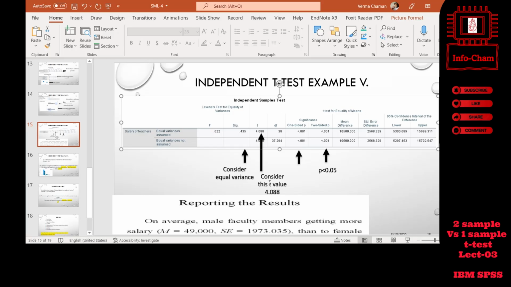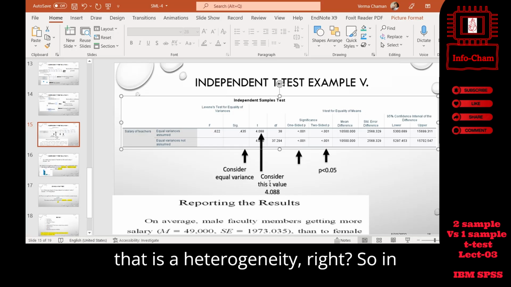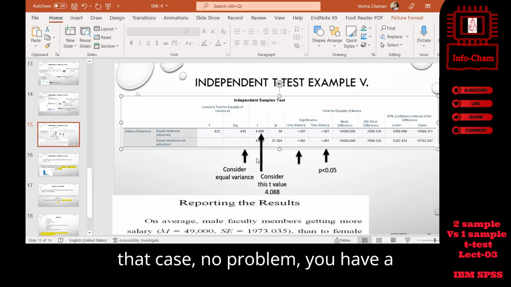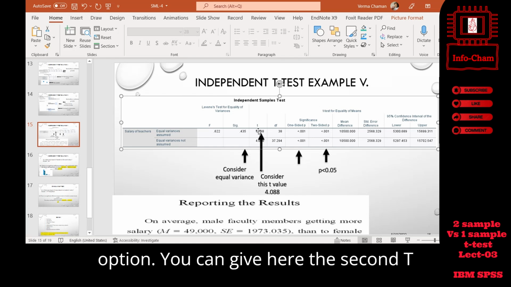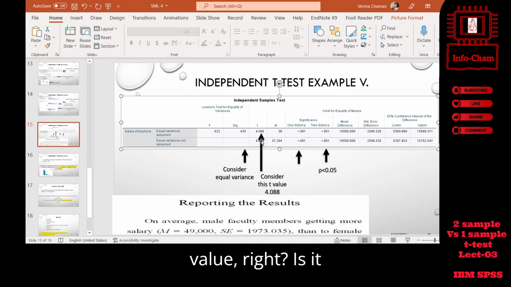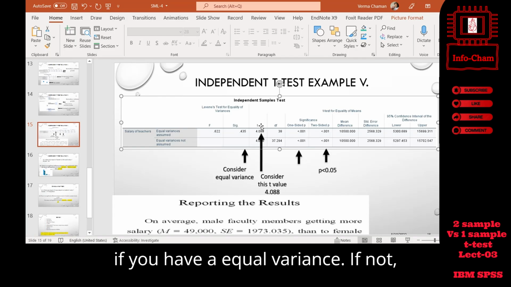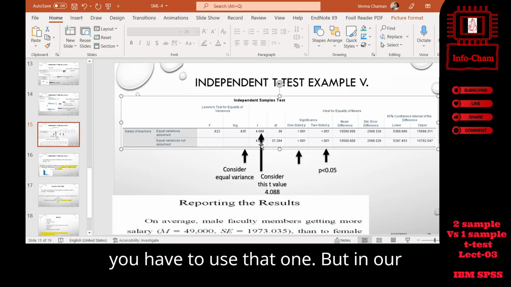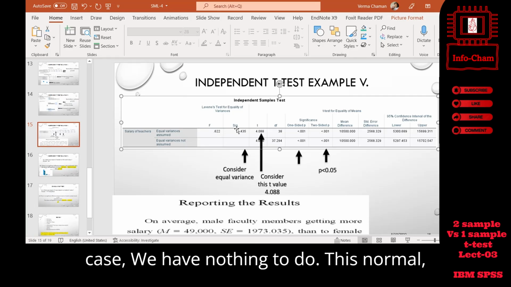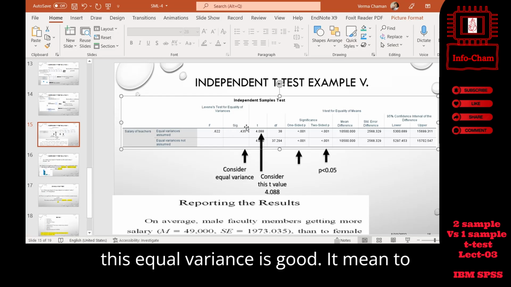There is heterogeneity, right? In that case, no problem. You have an option: you can use the second t value. So you report this t value if you have equal variance. If not, you have to use that one. But in our case, we have nothing to do. This equal variance is good.